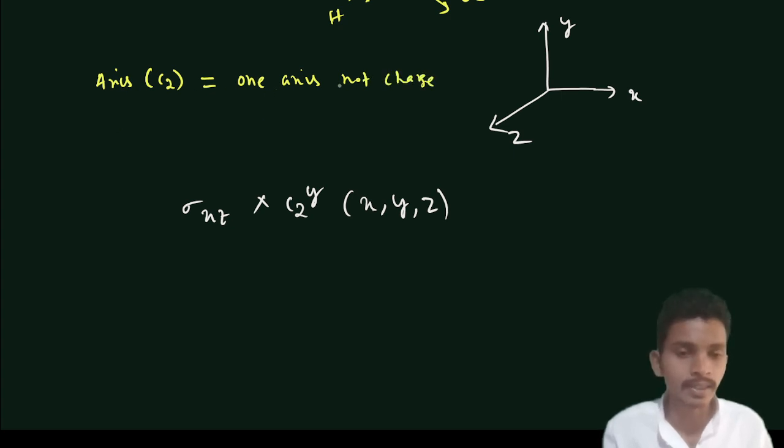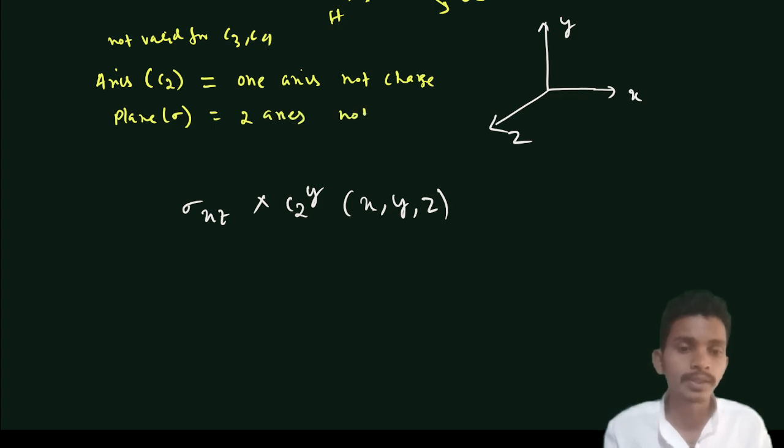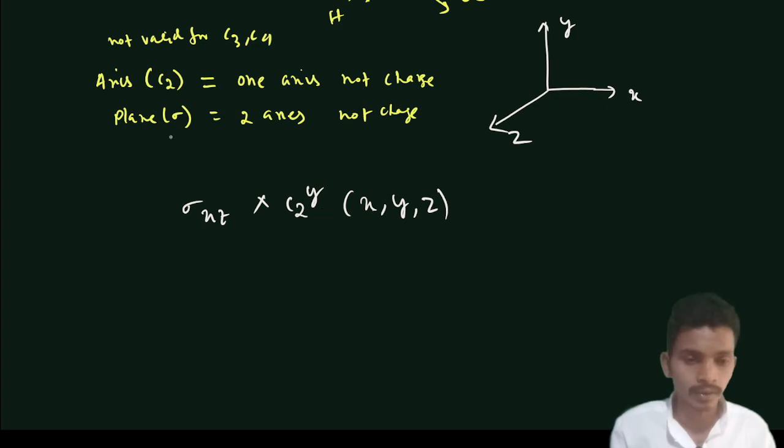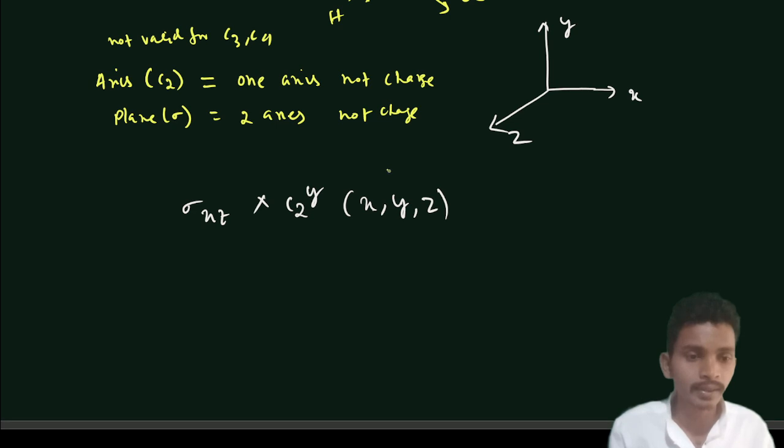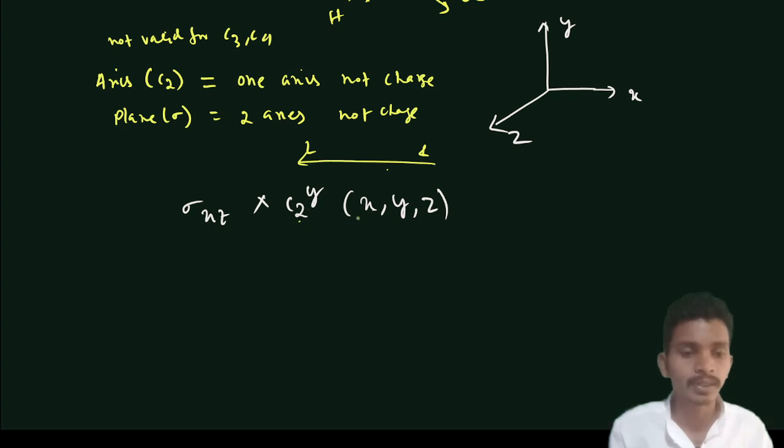This is not valid for C3 or C4, only for C2. So whenever I pass C2, one axis does not change, and whenever I pass any sigma plane, two axes do not change, because the plane contains two axes. And we know that we operate from right to left. So first I will operate C2y, and only after that I apply the second one.